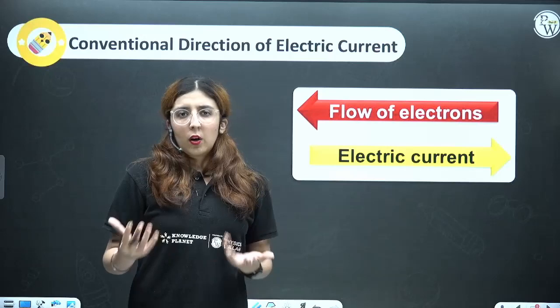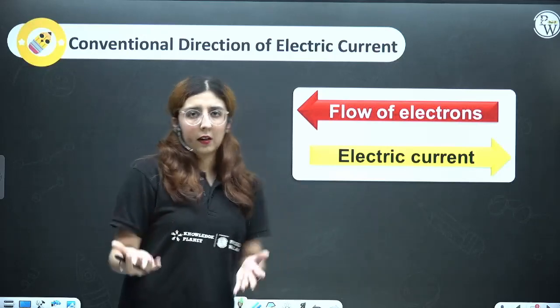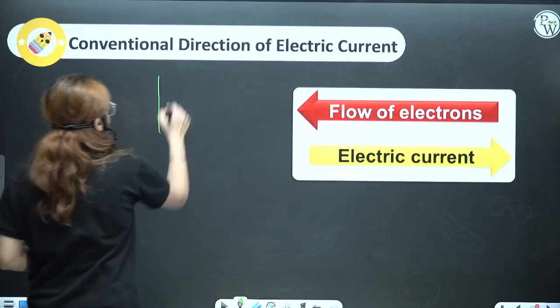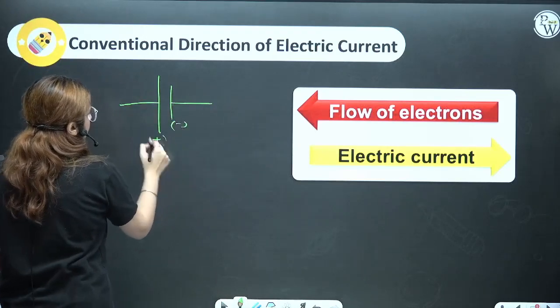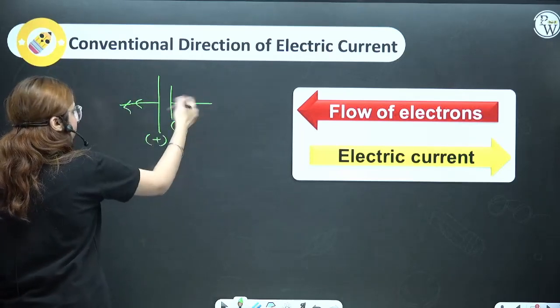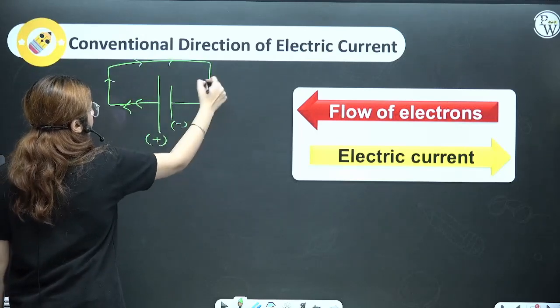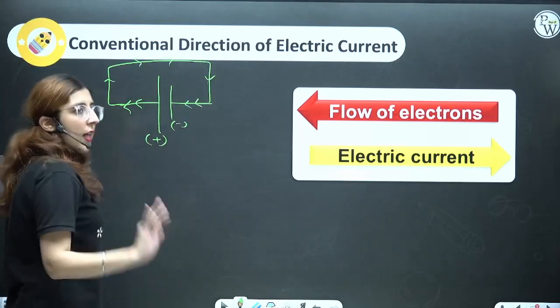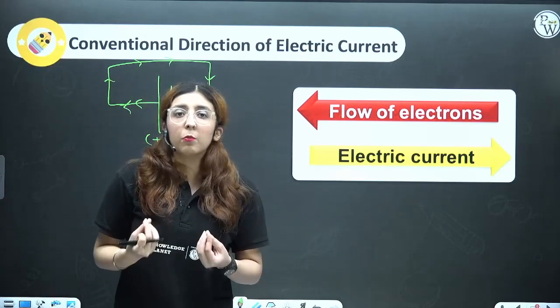So in the battery, this is the symbol, positive terminal and negative terminal. Current is going to flow from the positive terminal to the negative terminal like this.